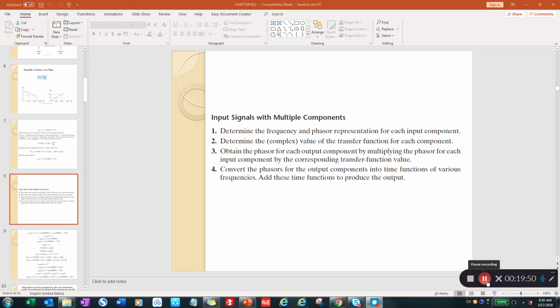Then after you figure out the output component for each of the frequency, you add all the components up. Then you will get your phasor representation of your output. Then you can easily convert it to the sinusoidal representation of your signal.